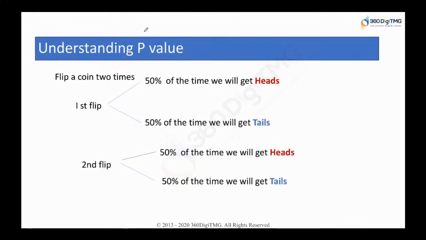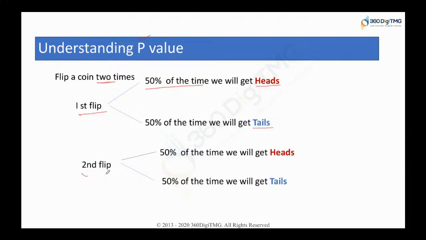But what we actually need to understand is what this p-value is all about. Suppose let us take an example. I am flipping a coin 2 times. On the first flip, I get heads 50% of the time and I have a chance of getting tails also 50%.